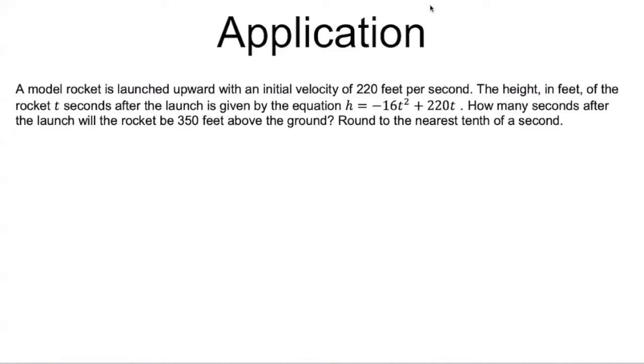So for this problem, we could solve it using factorization, or we could solve it using the quadratic formula. But what I want to do is actually show you how you can use your graphing calculator to solve it. So first things first, what we are given is that the height is 350 feet.